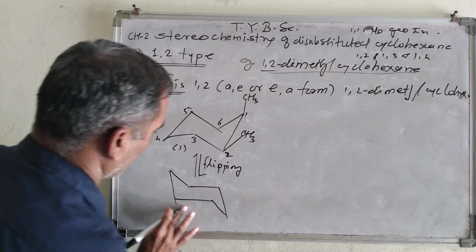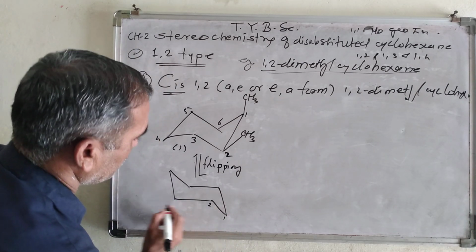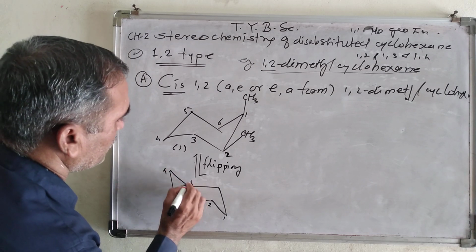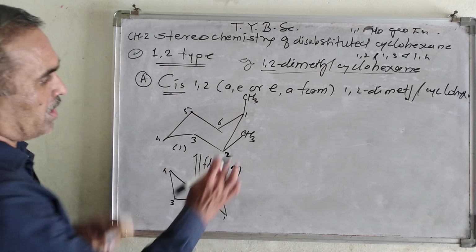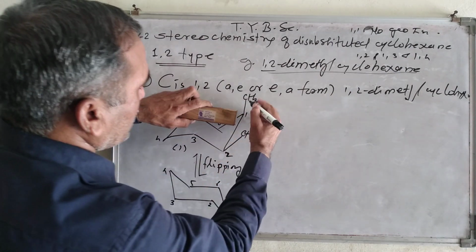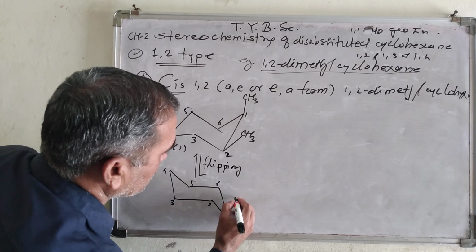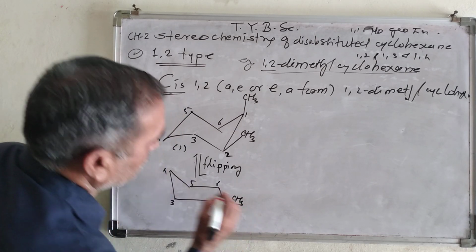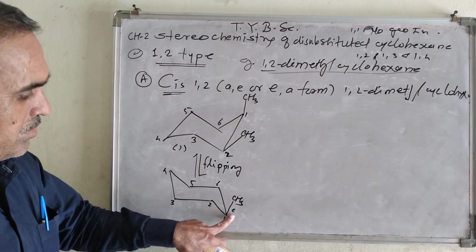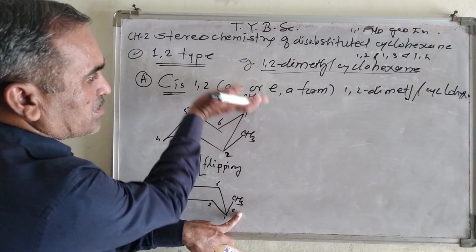This is a structure. Okay, now this is carbon number 1, carbon number 2, 3, 4, 5 and 6, right? Now look here, carbon number 1 which goes below the plane, this axial. According to our flipping process, that becomes equatorial, right? Carbon number 1 becomes equatorial here, but it remains above the plane.